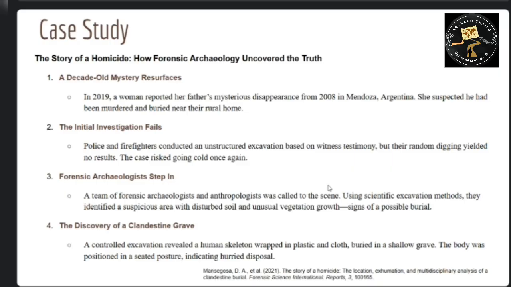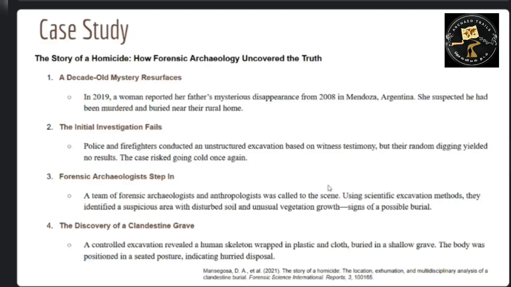So what happened is a controlled excavation took place, and they revealed a human skeleton which was wrapped in plastic and cloth, which is buried in a shallow grave. The body was positioned in a seated posture. So if you're going to bury someone, you'll be digging. Like you cannot dig 5 feet or 6 feet hole in a small time. You do a murder. How we can cover up the murder in very small time, right?